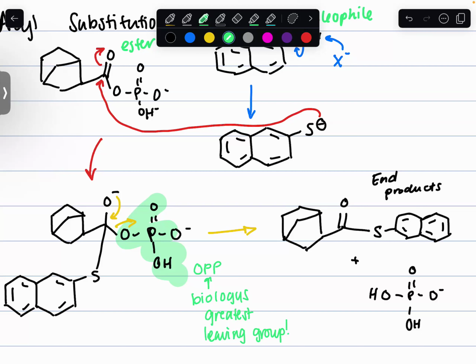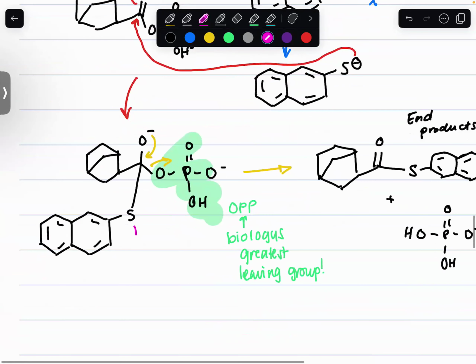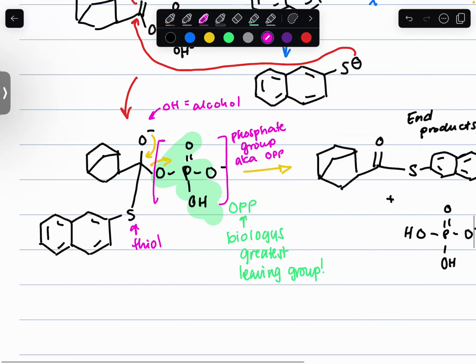No. So if we wanted to label functional groups with this, we could say we have a thiol. In this case, if it was an OH, it would be an alcohol. This whole group is a functional group, so you can't separate them up.